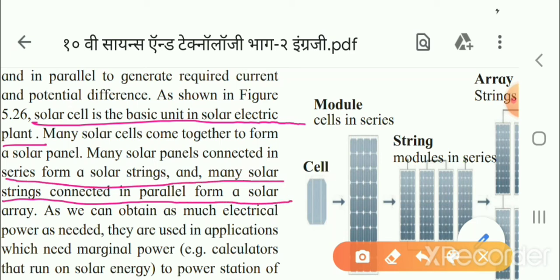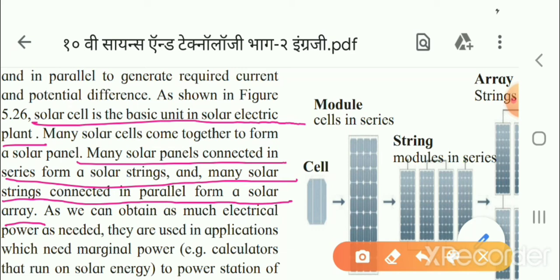That you can see here: many solar panels are connected in series to form a solar string, and then many solar strings are connected in parallel to form a solar array. So this is an important point, how the solar array is formed.